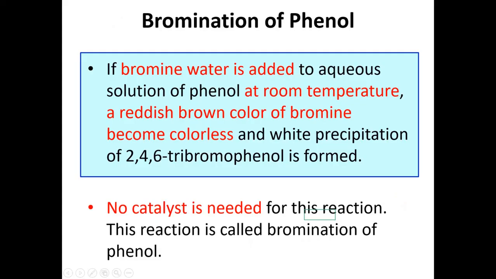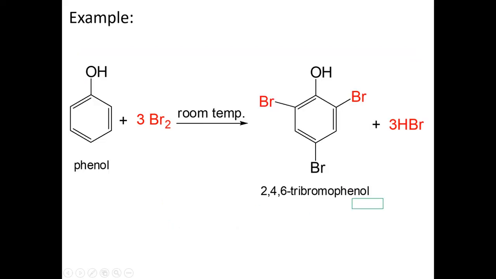Bromination of phenol. If bromine water is added to an aqueous solution of phenol at room temperature, the reddish brown color of bromine becomes colorless and a white precipitate of 2,4,6-tribromophenol is formed. No catalyst is needed for this reaction. This reaction is called bromination of phenol.